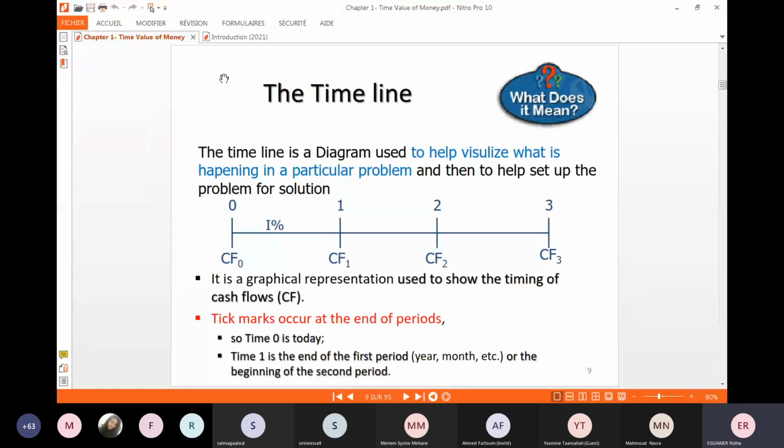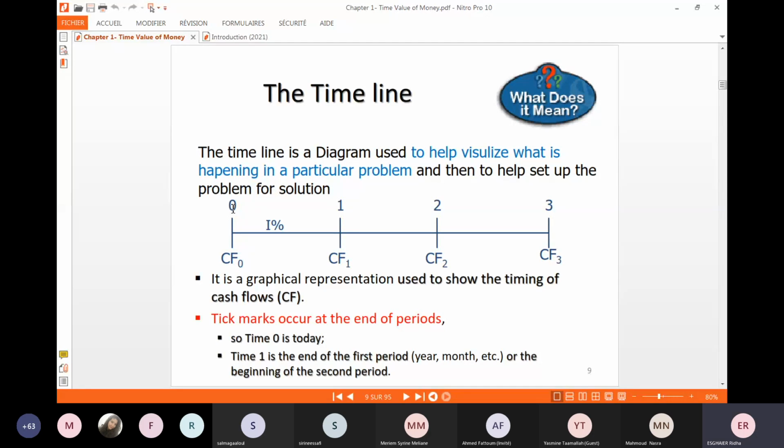In the timeline, we have different tick marks here. Each tick mark represents the timing of the cash flow. For example, the date 0 represents today in general, the beginning of the first year or the first period.